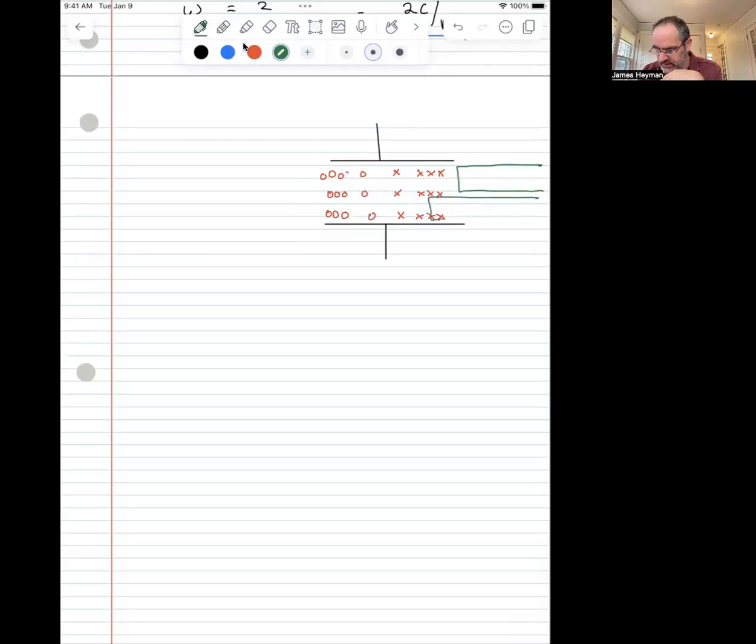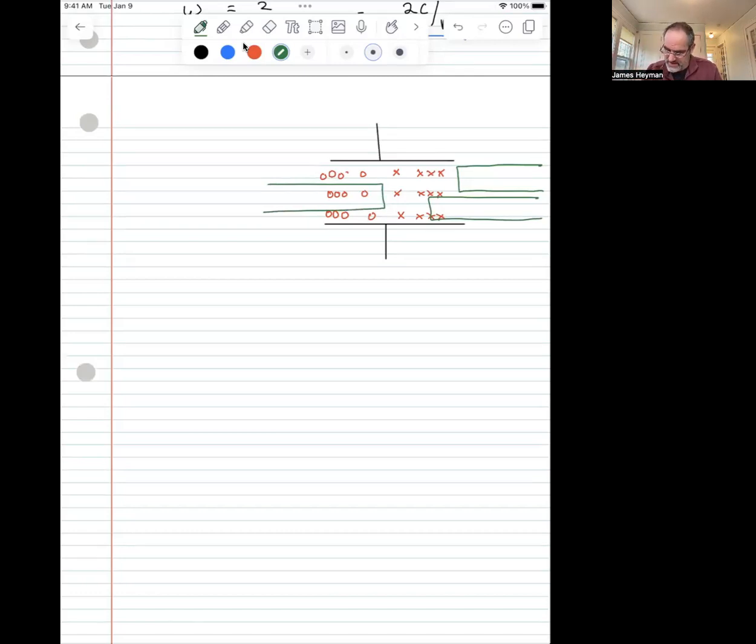And then if we make our loop a little bit bigger so that it encloses only a little bit of magnetic flux, then the induced electric field should be small. It's only when we go all the way to the center that we get the electric field that we found. What does this mean? It means that in our electromagnetic oscillation, the electric field between the plates is actually not uniform. It's strongest in the center, and it goes to zero at the edges.